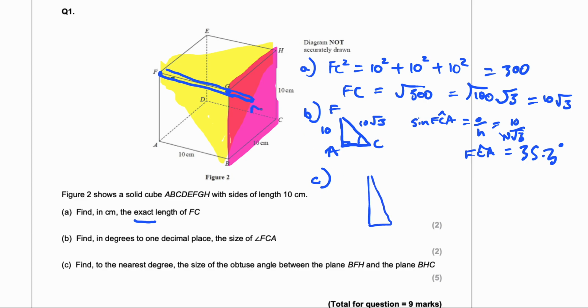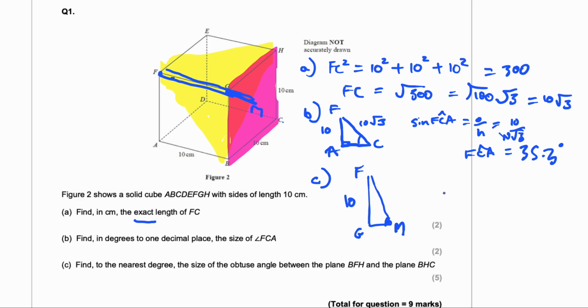We'll call this point M. So we have F and G and M. Now FG we know is 10, and the angle we're trying to find is this angle here. So in order to find this, we need to know either FM, which we don't know, or GM. So GM is half of the diagonal, so half of GC.